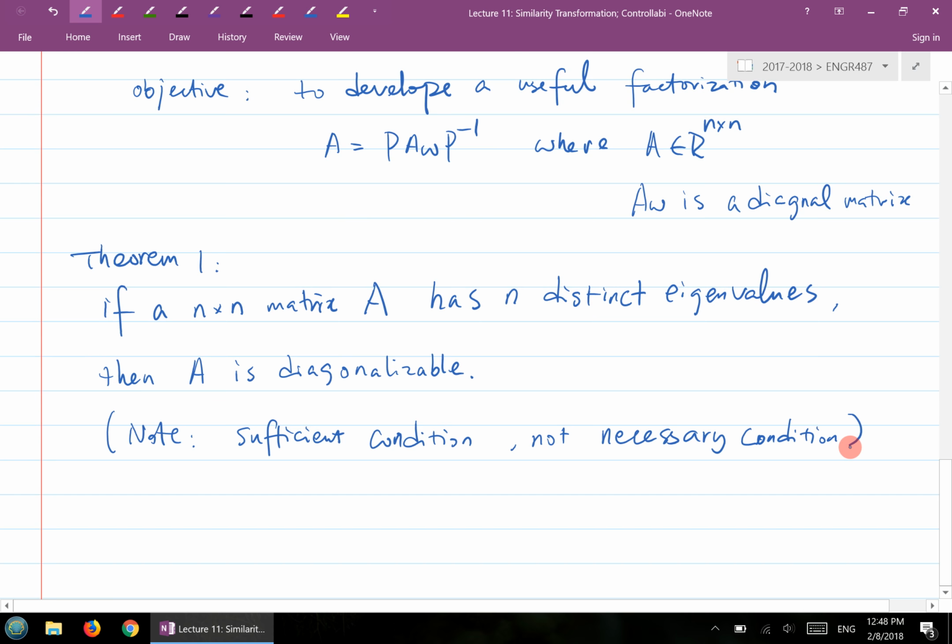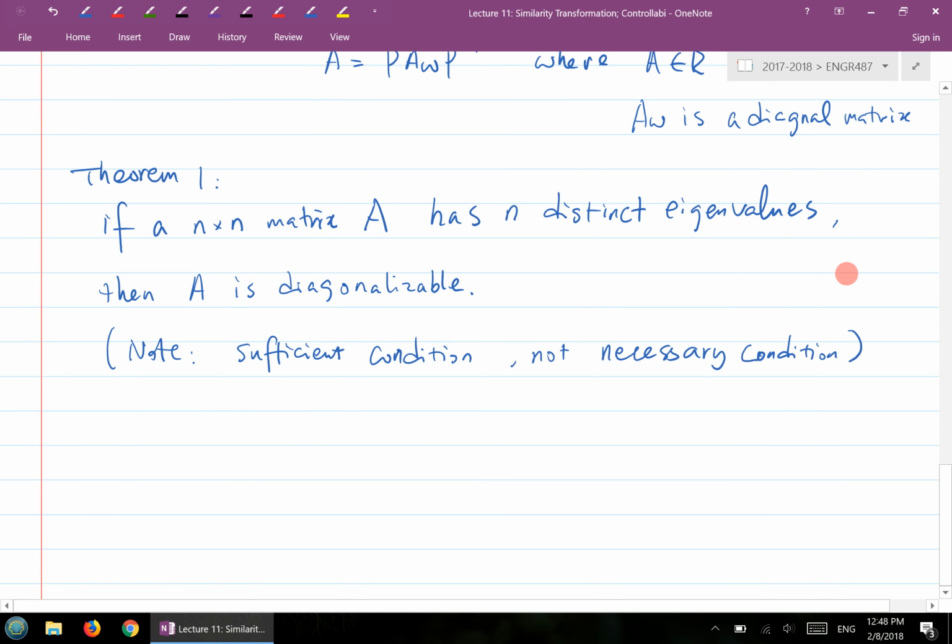Sufficient condition means if A then B. But it's not true that, let's say A is diagonalizable, then A must have n distinct eigenvalues. That's basically what it means. If and only if would be both a sufficient and necessary condition.